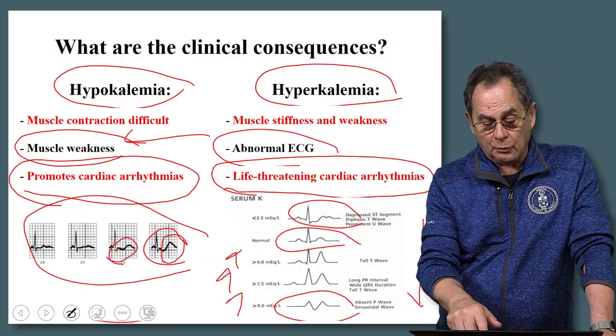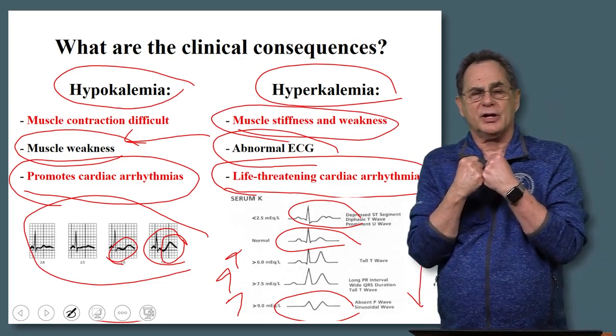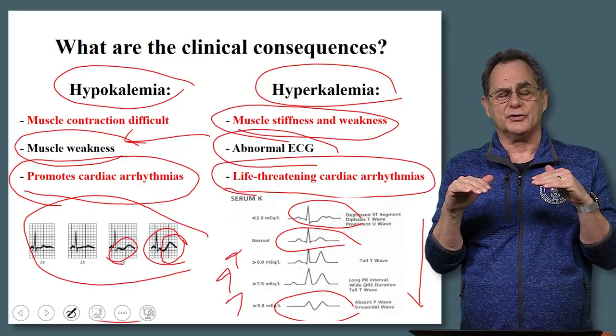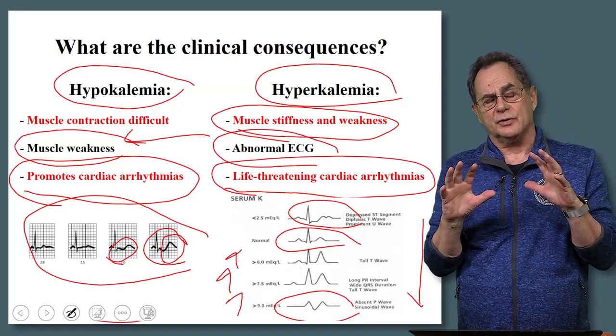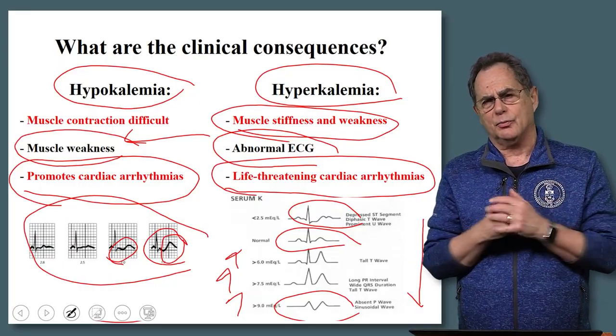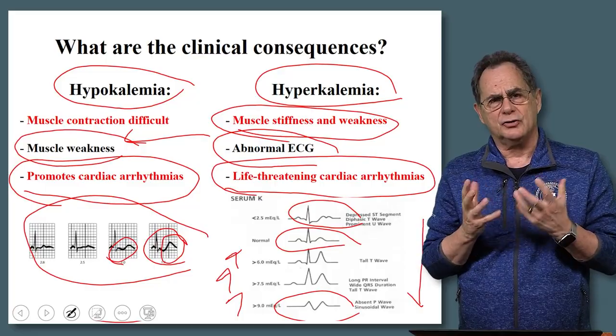So you get an abnormal EKG, but it also causes muscle stiffness and weakness because it depolarizes the cell, and as a consequence, there is an inability to generate that action potential that supports the ability of that muscle to contract. The muscle feels rather stiff and tired.